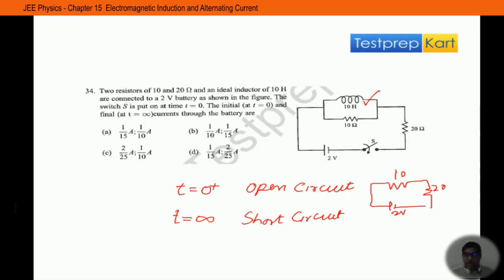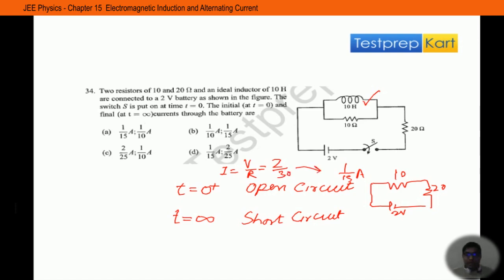So the initial current will be 2 divided by 30, that is 1 upon 15 ampere. I hope I am not going too fast: I equals V over R, V is 2 volt, and net resistance is 30. So we'll get 1 upon 15 ampere.